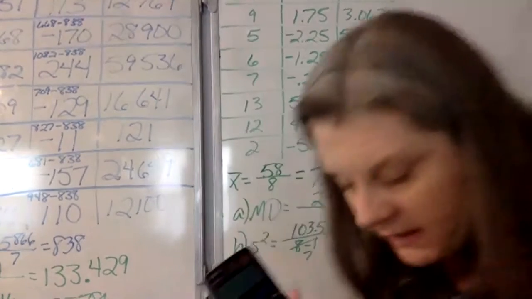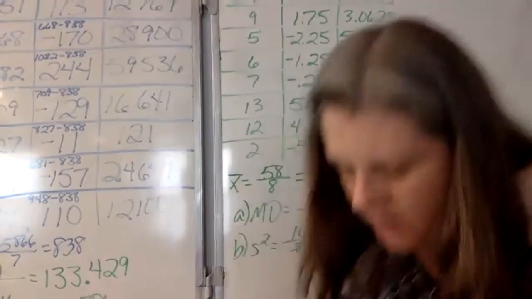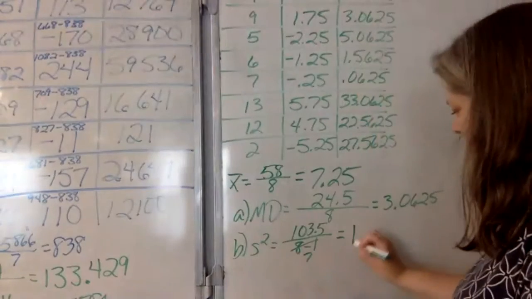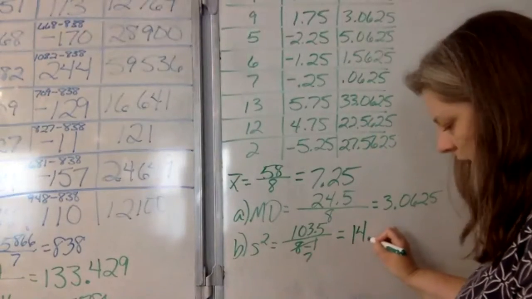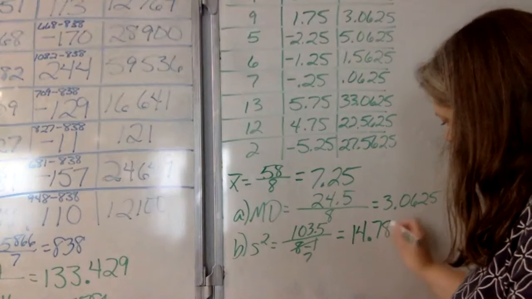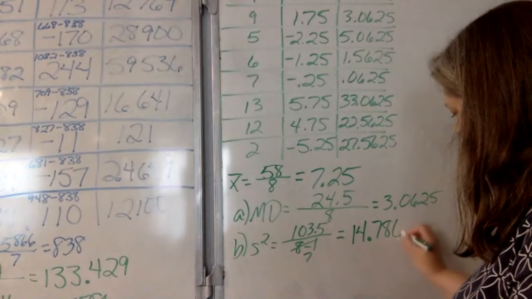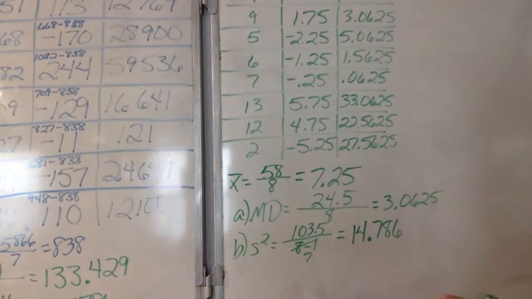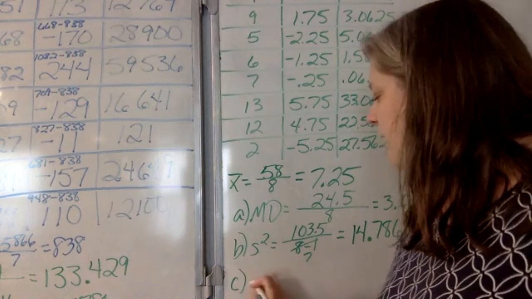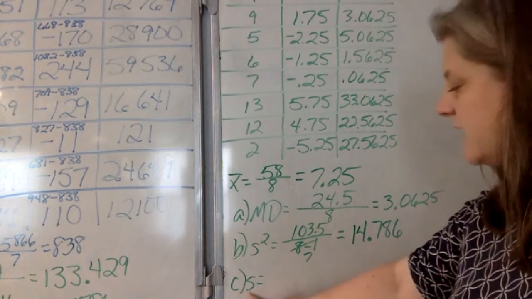So I'm going to round it to 14.78, and then I have 5 and then a 7 again, so 7's going to make that 5 go up to a 6.